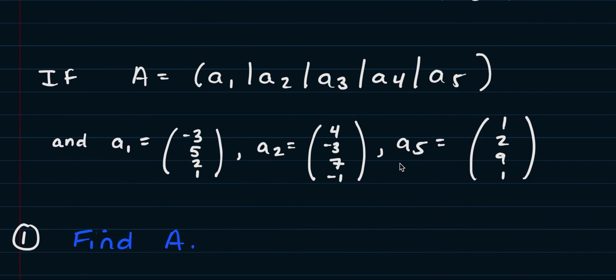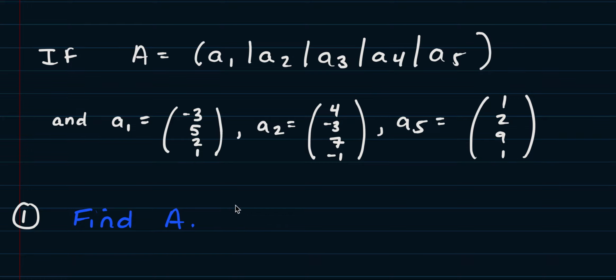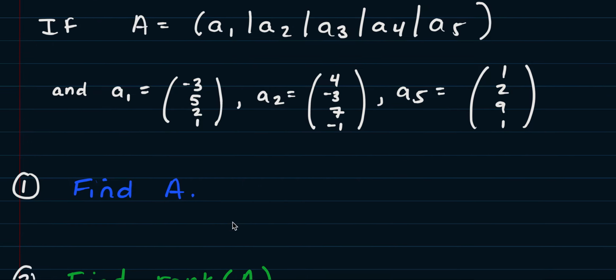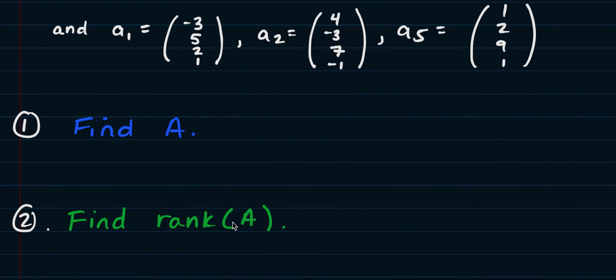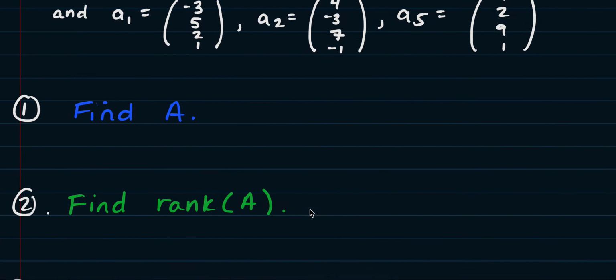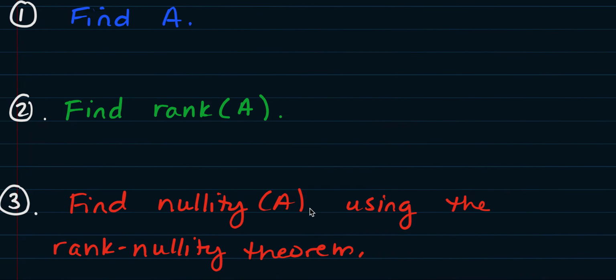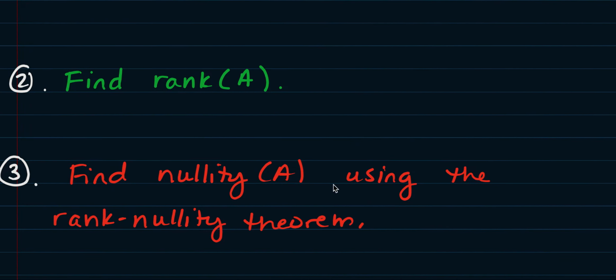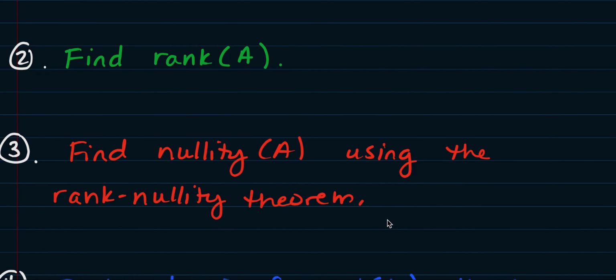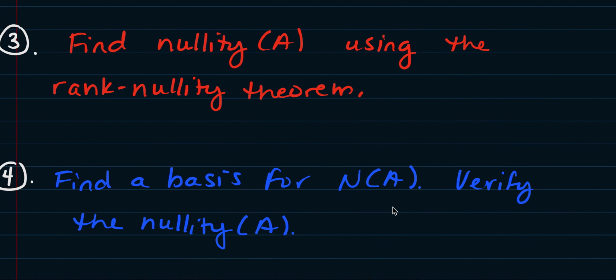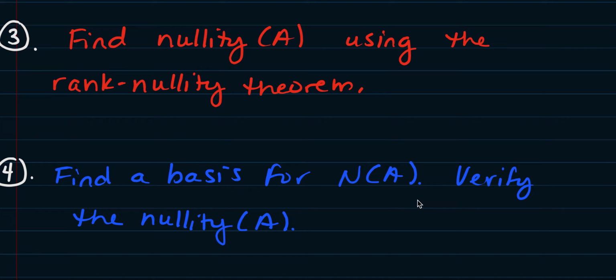What I want to know is, what is the matrix A, first off? Can you figure it out? After you find A, what's its rank? Then I want you to find the nullity of A using the rank nullity theorem. I want you to find a basis for the null space, and then I want you to verify that the nullity of A is correct.